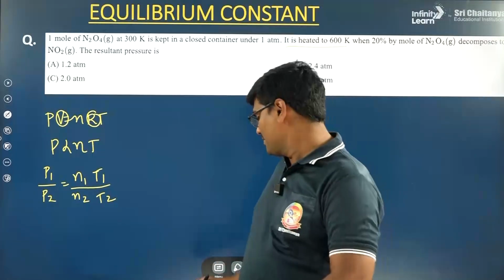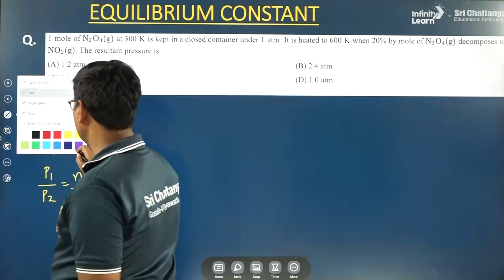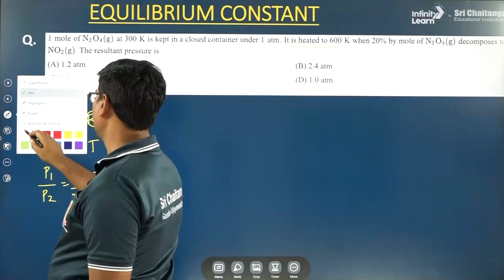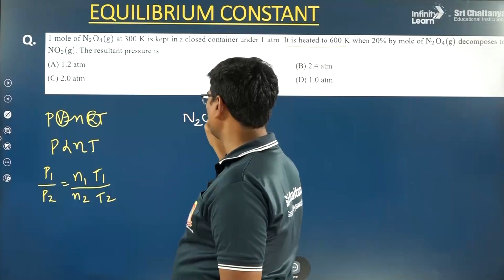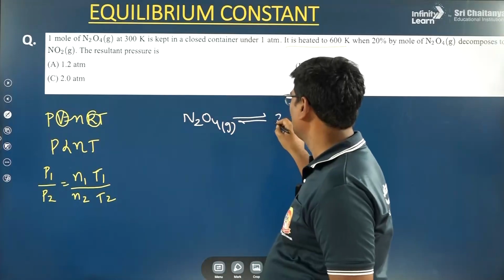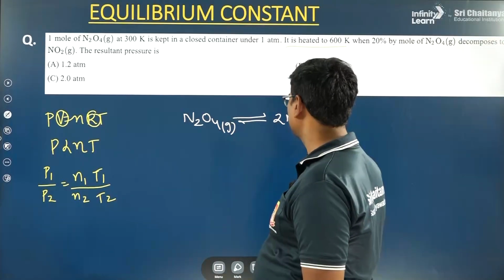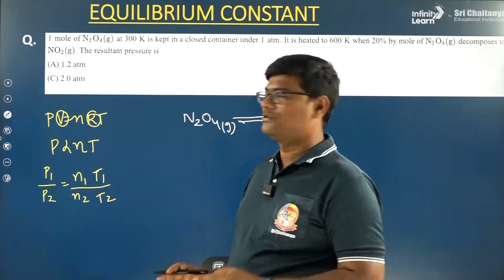Now how to apply the principles of chemical equilibrium here? Let me write the equation once again. N2O4 gas is in equilibrium with 2NO2 gas.